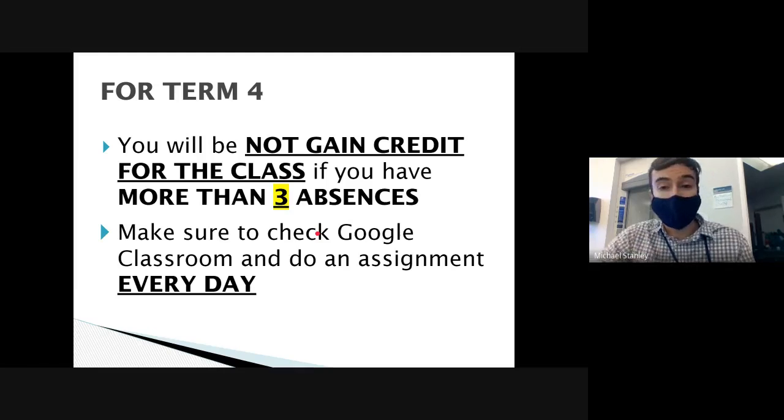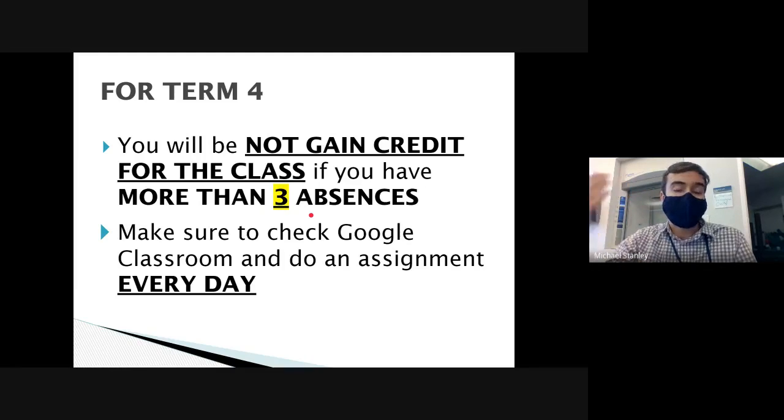So we have a really short term in term 4. 4 weeks of 4 days means that we only have 16 days of class, essentially. So the 80% rule says that if you have more than 3 absences over the next 4 weeks, so basically from now until the end of March, because we get a break in the middle of March for spring break, you cannot have more than 3 absences.